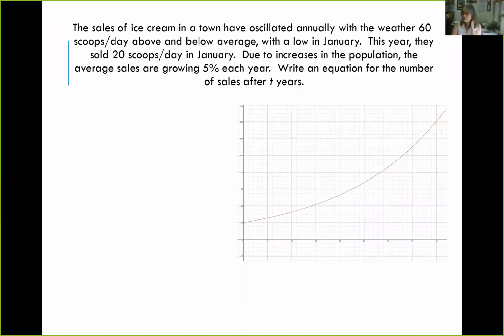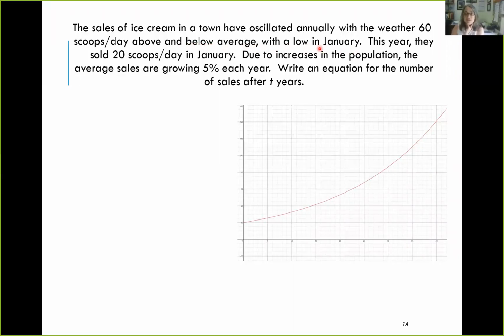So let's look at an example here. Suppose we know that ice cream sales oscillate annually with the weather. And we can have as many as 60 scoops per day above the average and 60 scoops per day below the average.